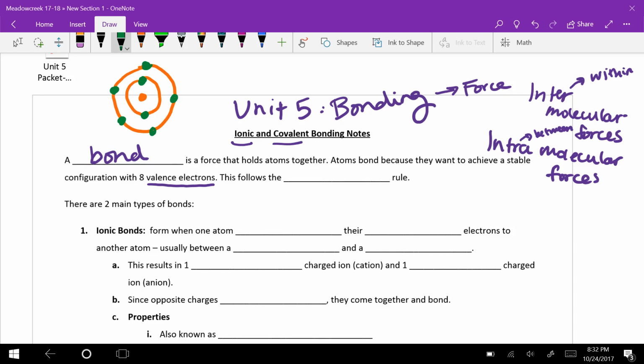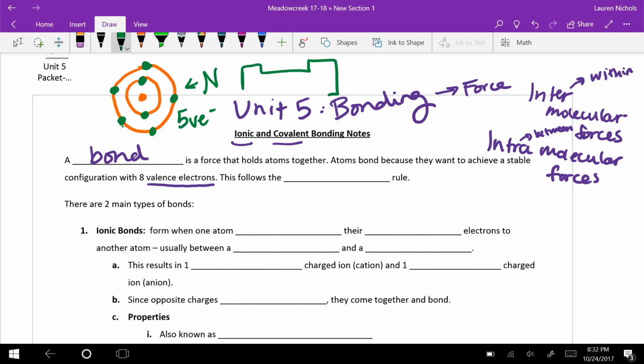With 7 electrons, that would make this nitrogen. And we would count how many valence electrons it has. 1, 2, 3, 4, 5. It has 5 valence electrons. We also know that if we look on the periodic table, nitrogen is going to be in column 15. Column 15 means 5 valence electrons.